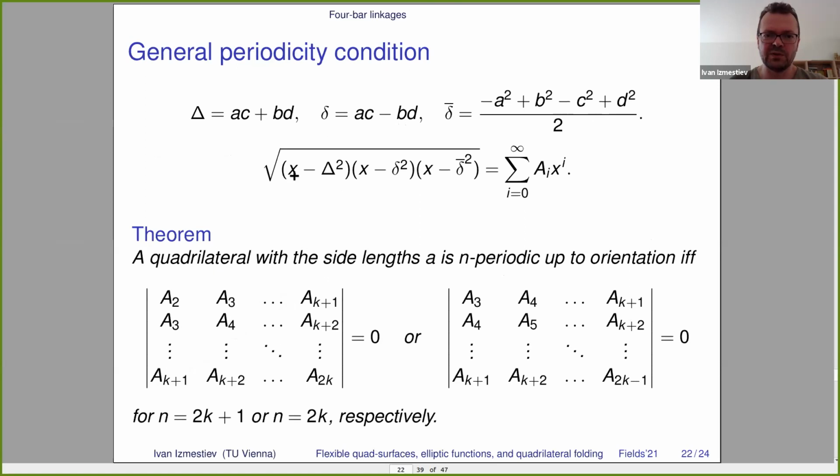Then take this polynomial of degree 3, take its square root and write down the Taylor expansion of this square root. You get a sequence of numbers. Then a quadrilateral with these side lengths A, B, C, D is n-periodic up to orientation if and only if this determinant vanishes. There are two conditions: one holds if n is odd, and the other if n is even.